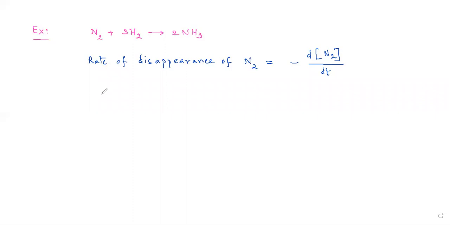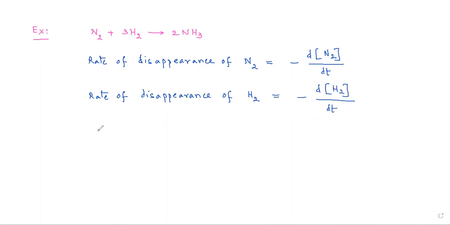Similarly, the rate of disappearance of hydrogen can be given as minus d[H2]/dt.